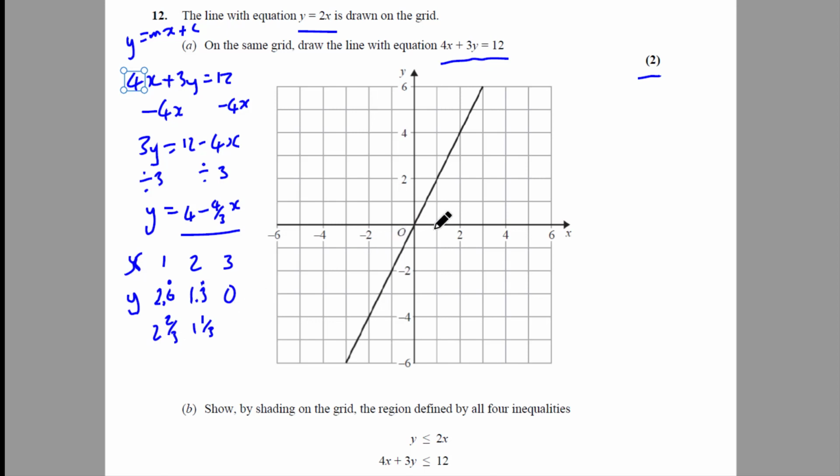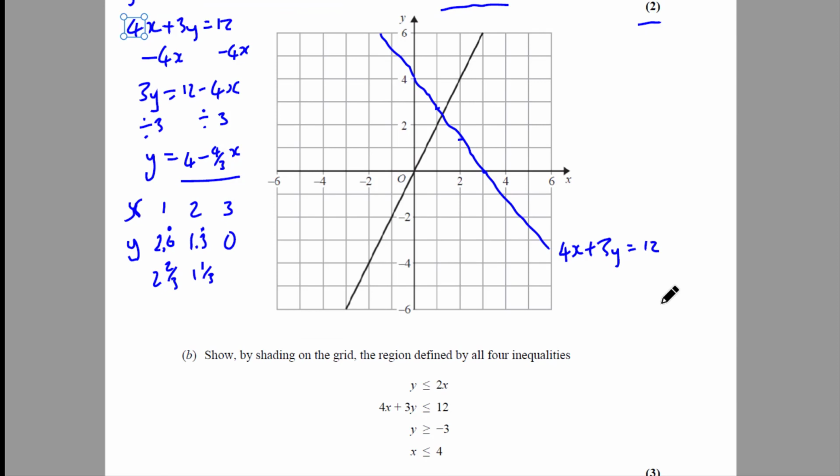So we just need to plot that. So that is approximately here, 2 and 1 and 1/3. Let's say it's here, and 3 is 0. Make sure you use a ruler, and that's a line. 4x plus 3y equals 12.